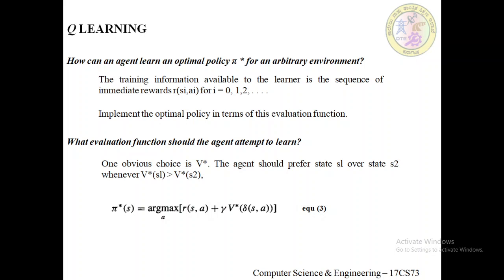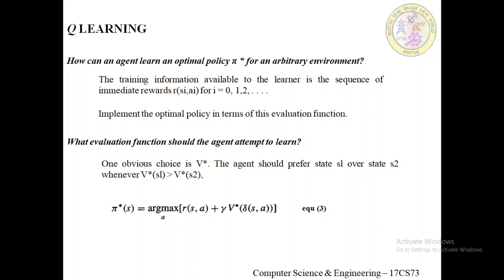Instead, the only training information available to the learner is the sequence of immediate rewards, r of s comma i for i equals 0, 1, 2 and so on. With this kind of training information, it is easier to learn a numerical evaluation function defined over the states and the actions, and then implement the optimal policy in terms of this evaluation.